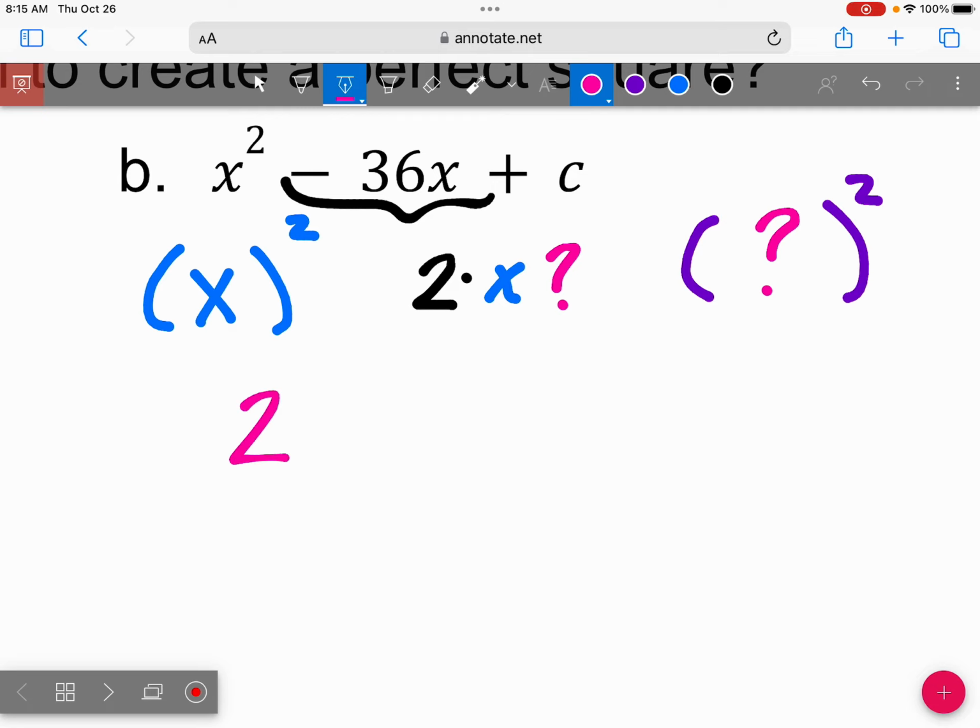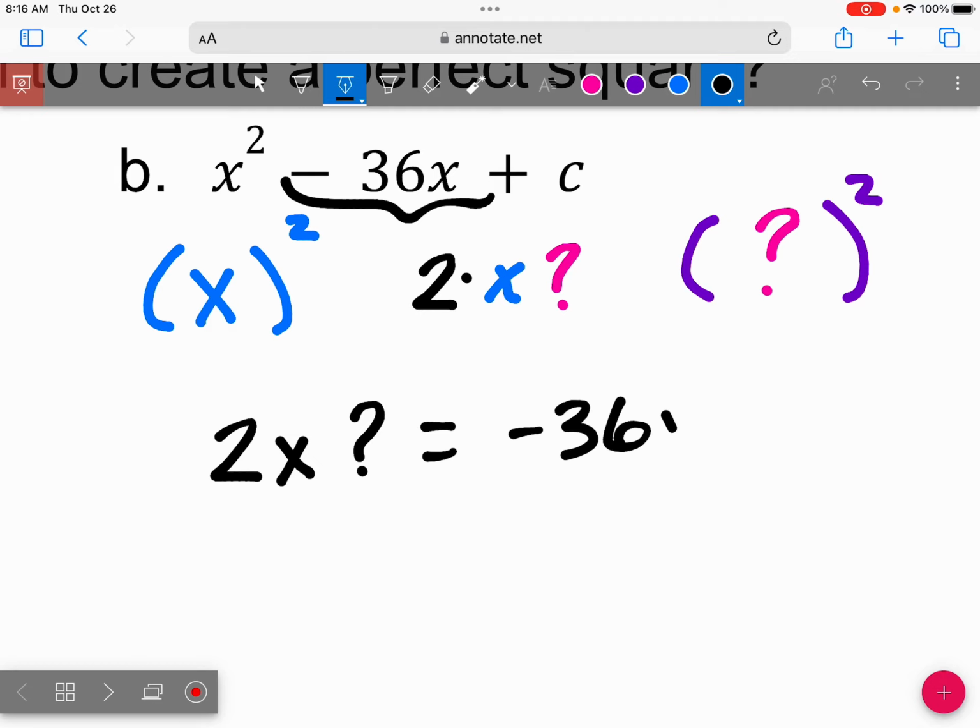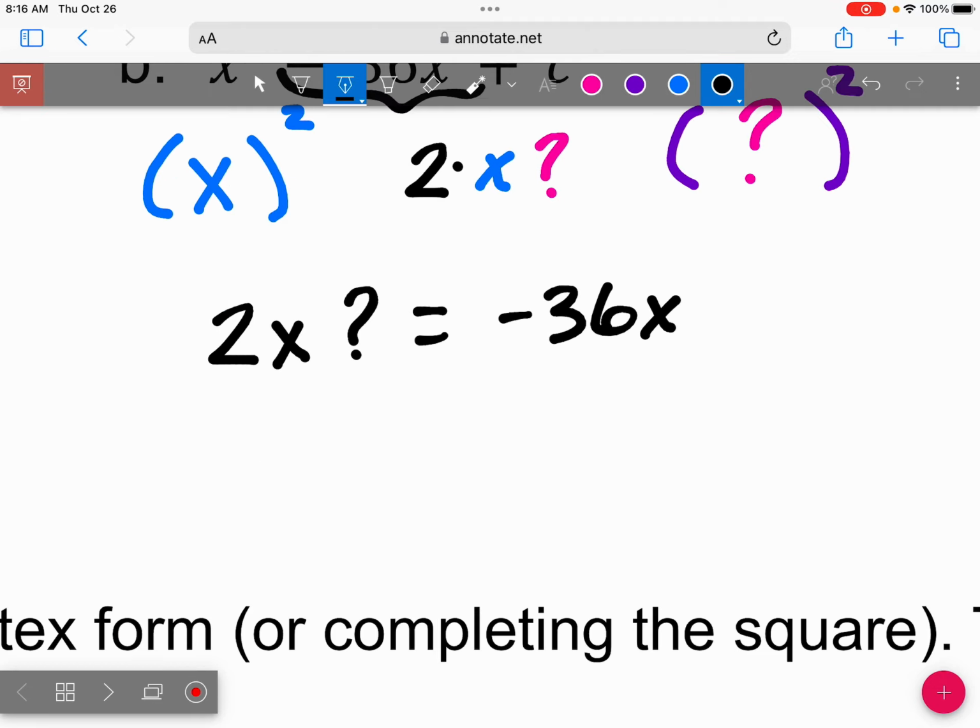So 2 times x times what equals negative 36x? Negative 18. So question mark equals negative 18.